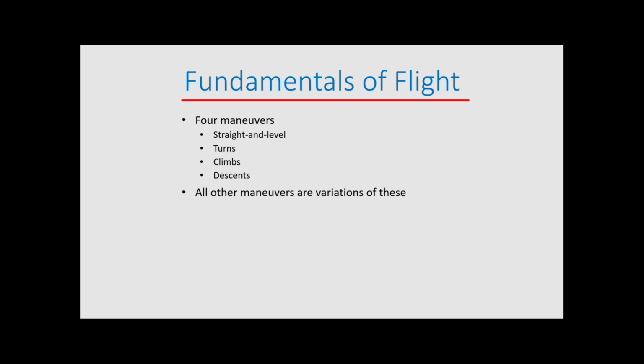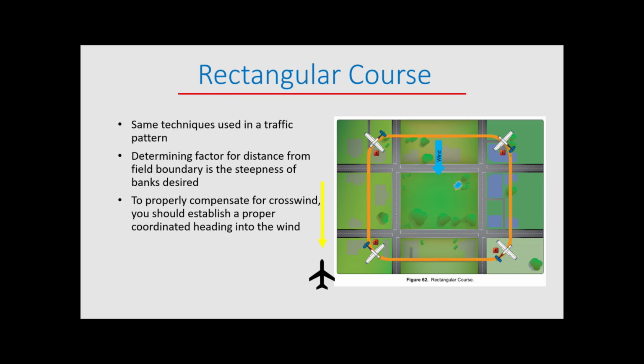Let's talk about the rectangular course. This is meant to emulate the traffic pattern, but we're going to stay at the same altitude the entire time. A big part of the rectangular course is learning how to account for wind. So on this leg here, you're flying directly into the wind, and as you turn essentially from upwind to crosswind, you're going to have to account for this wind.